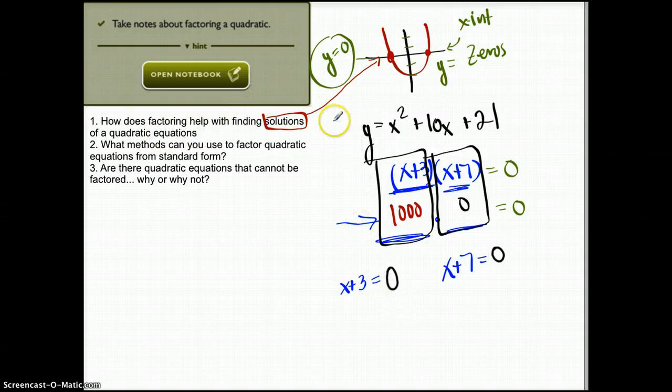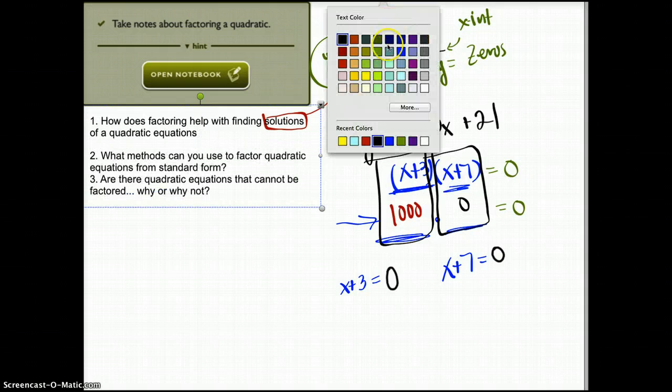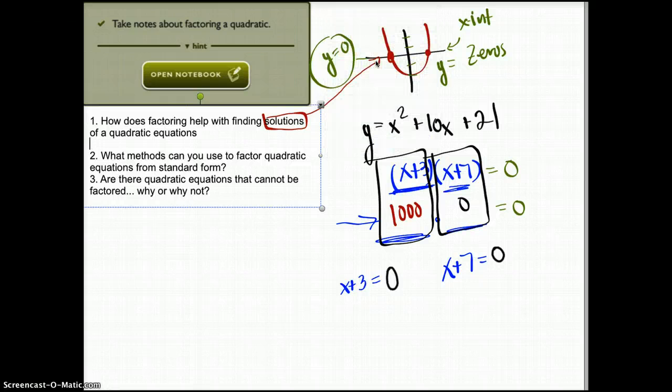So in order to find these solutions for question number 1, let's type this out. I'll type this out so the words will match what we're writing, and I'll do this in a different color so it's not super confusing. So we know this is the answer. How does factoring help? In factored form, the factors are all multiplied.